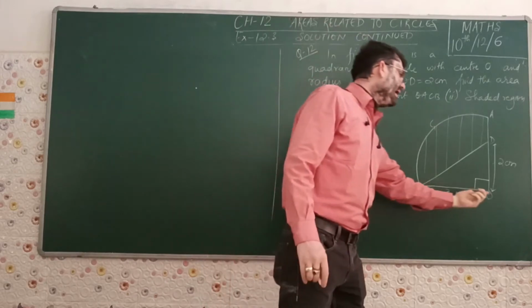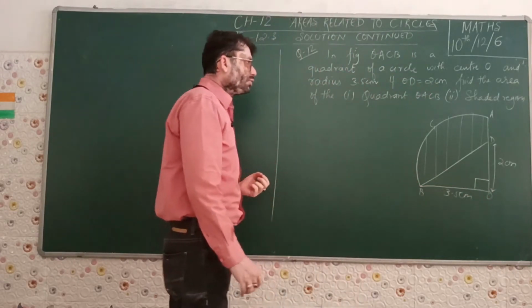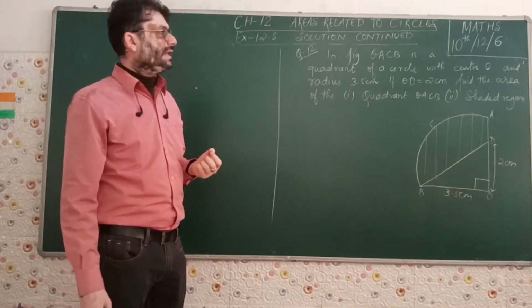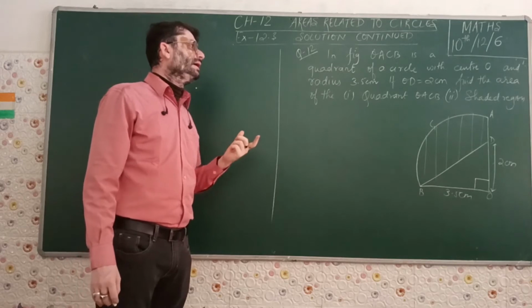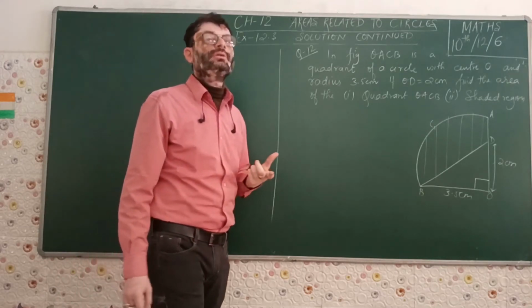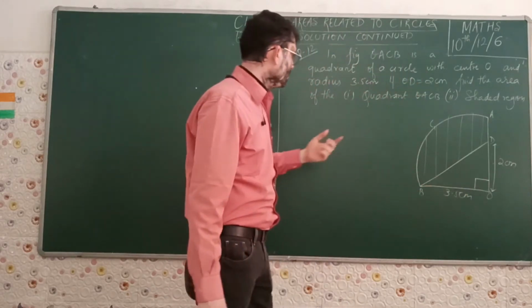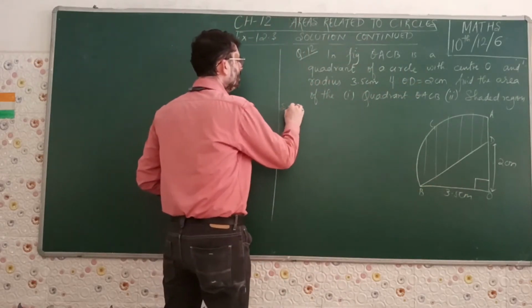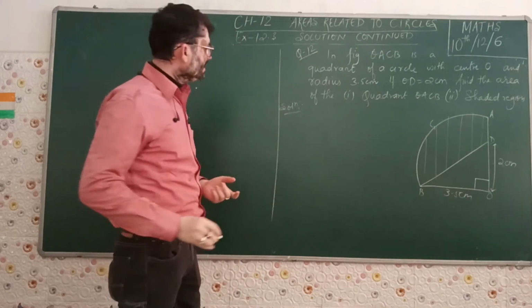So the angle at the center O will be 90. So we have to first calculate the area of the quadrant OACB, and we know that quadrant means it's a type of sector only with angle to be 90 degree. So let us find the area of the quadrant or area of the sector with central angle 90 degree.